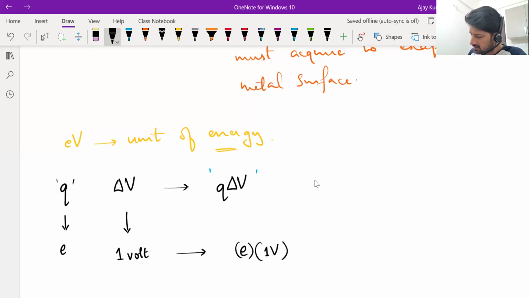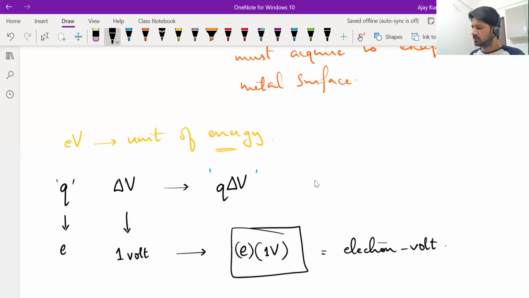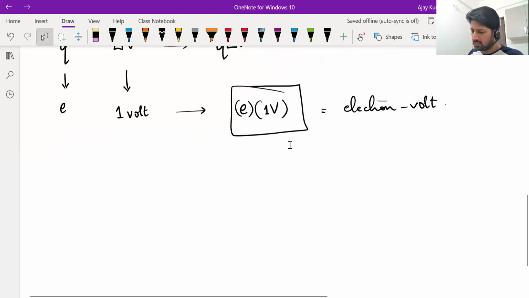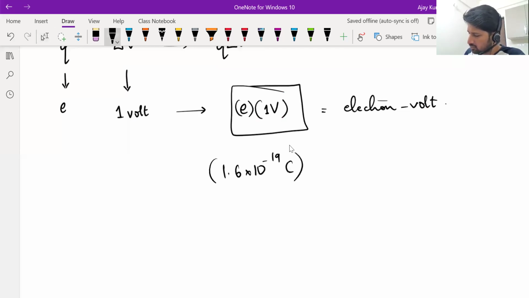This energy is what we call an electron volt. Okay, so when the electron charge, 1.6 into 10 power minus 19 coulombs, goes through a potential difference of 1 volt, this is what we call 1 electron volt of energy.